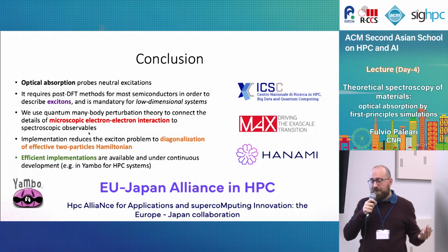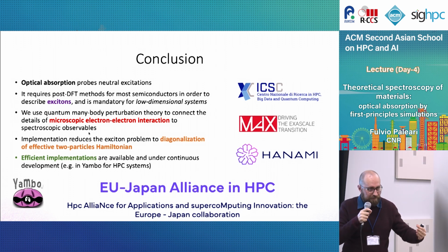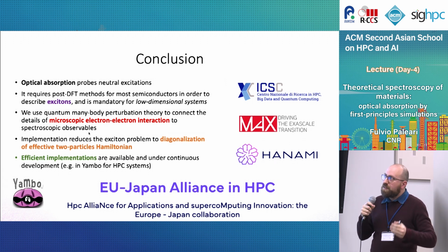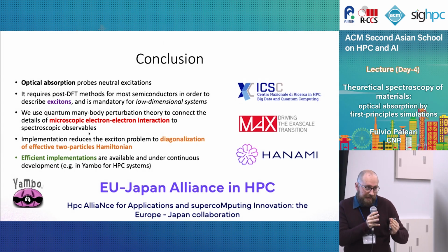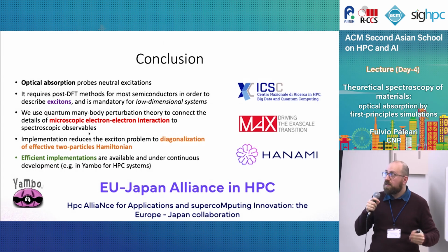Typically, for most systems of interest nowadays, it requires post-DFT methods because you have excitons, electronic bound states that are due to microscopic details of electronic interactions that are not described by DFT.